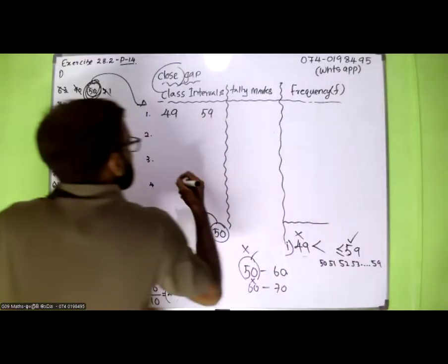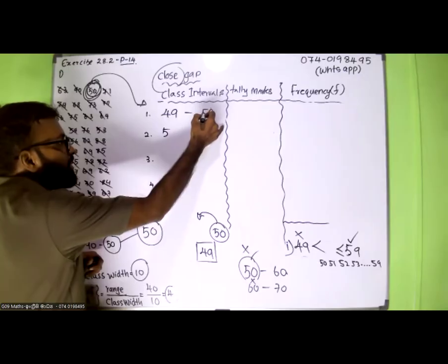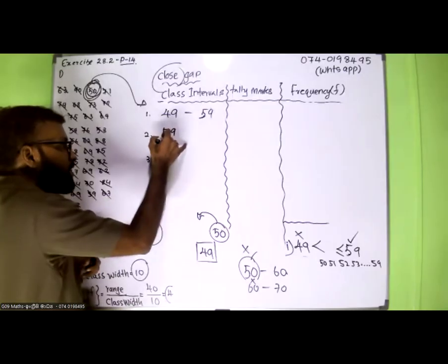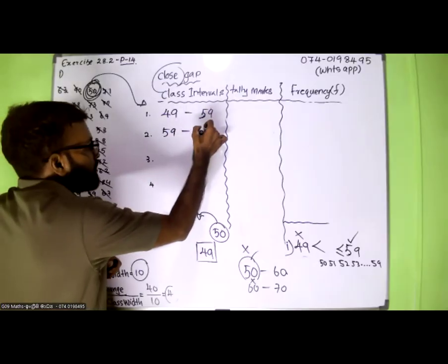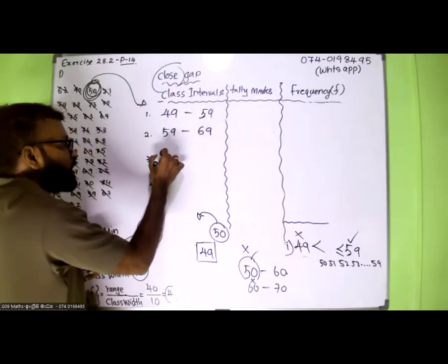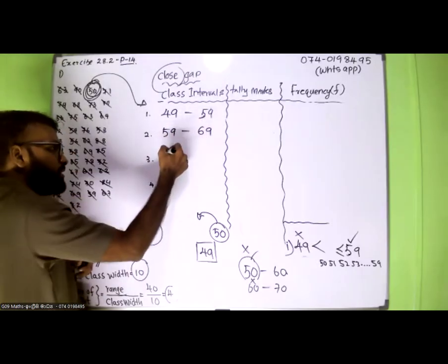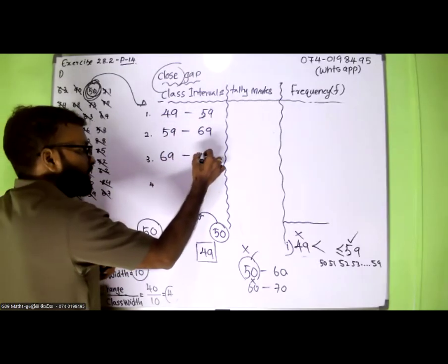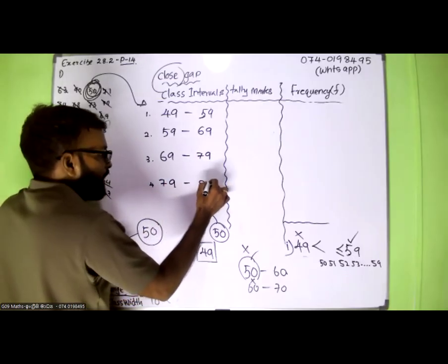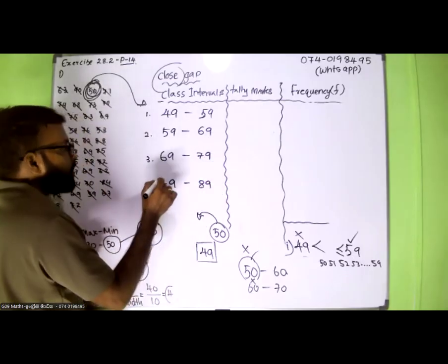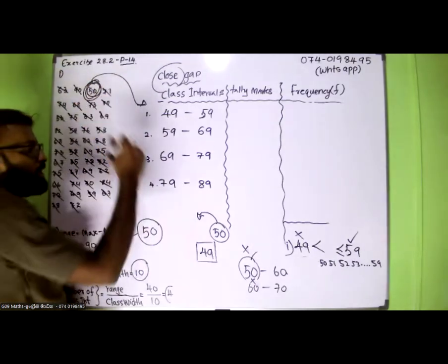You need to start it from 59. So 59 plus 10, 69. The starting point of the third one is 69, then 79, then 89. Again you don't have any other place to put 90.